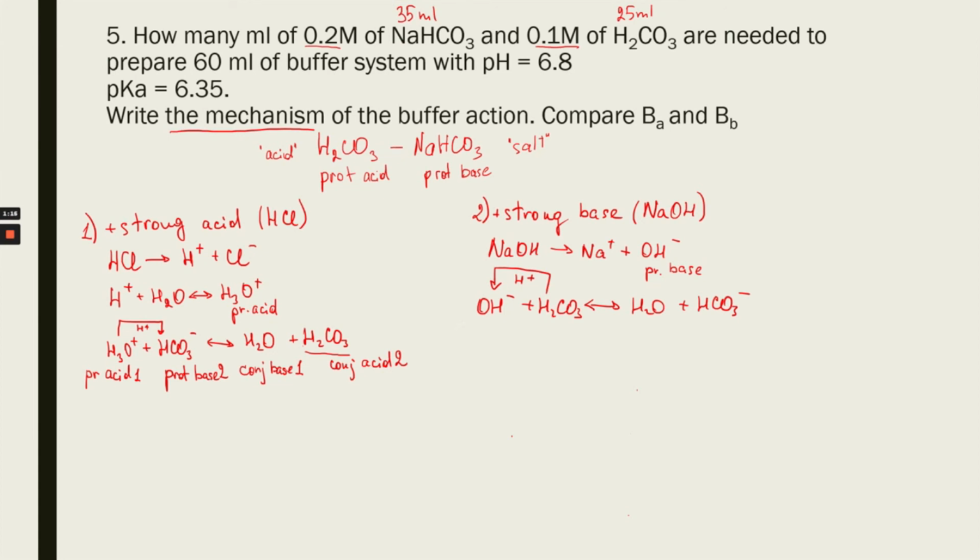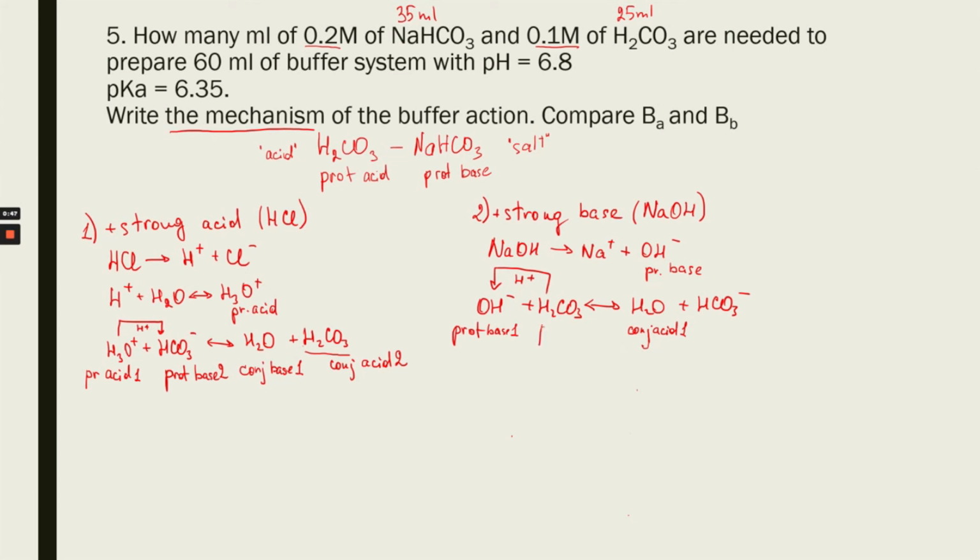And let's name the compounds. This is proteolytic base number 1. And this will be conjugated acid number 1. So you see, water is amphiolite. In different situations, it can play a role of base, for example, as here, or role of acid, depending on the situation.